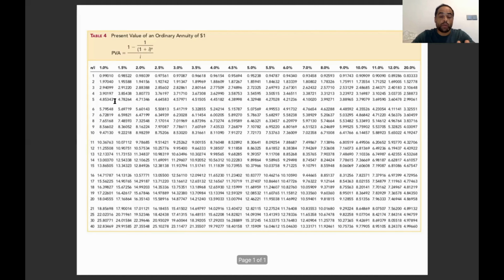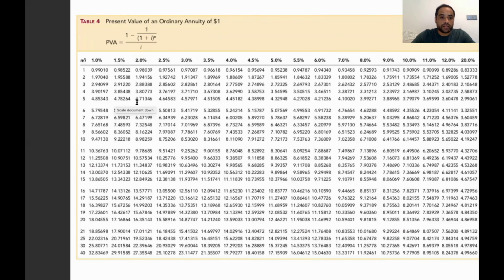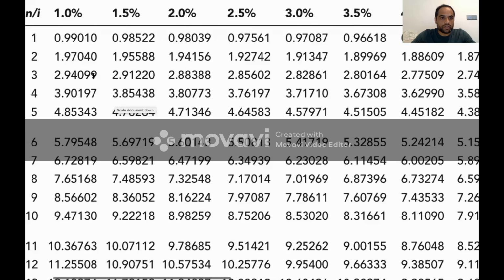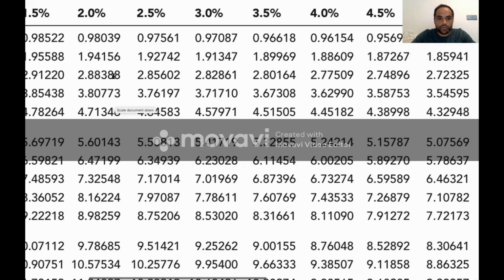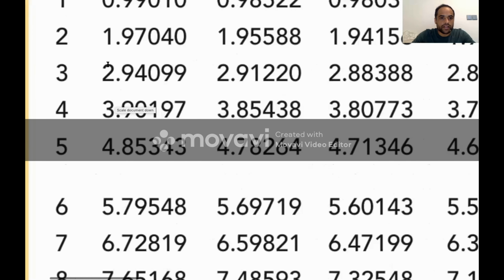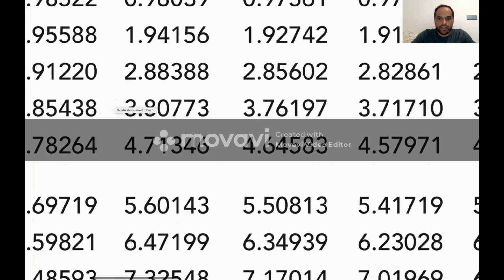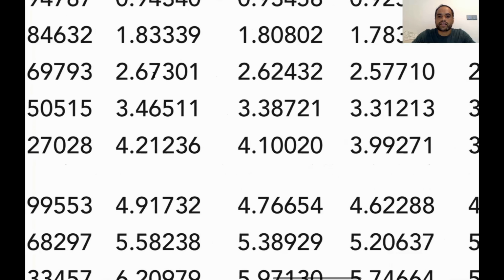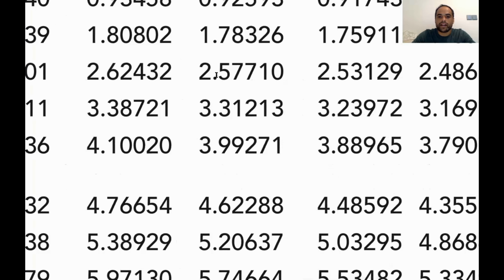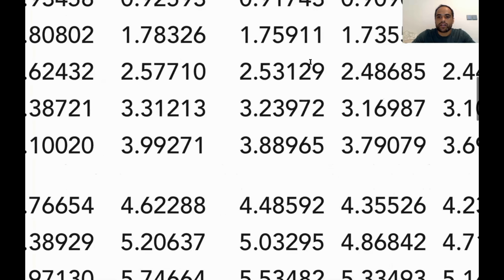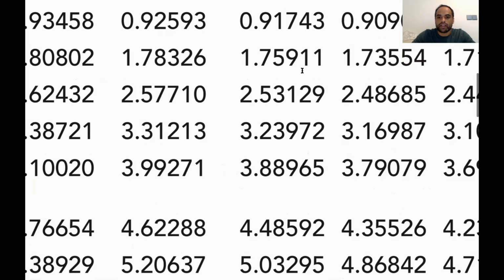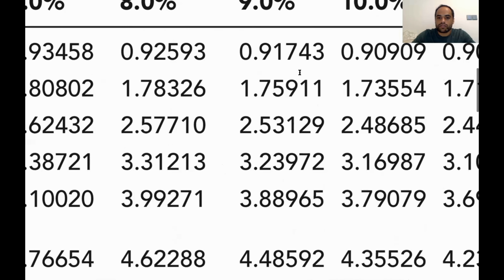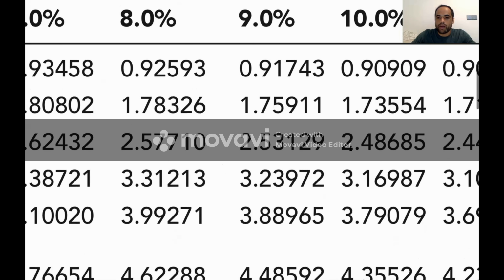We'll find 2.5 in the 3 years row. So 3 is here, right? 2.9, 2.8, 2.7, 2.6, 2.57, 2.53, 2.48.